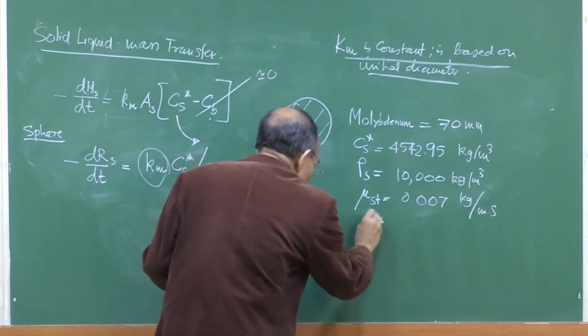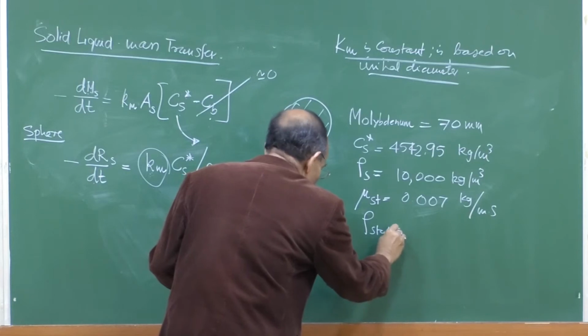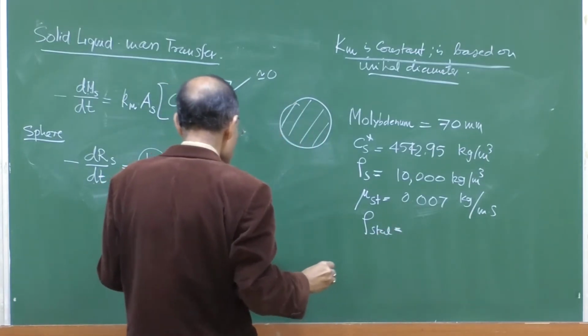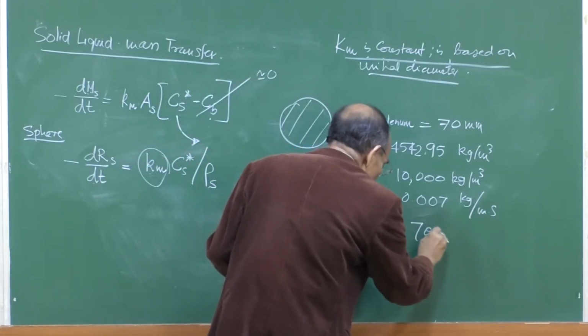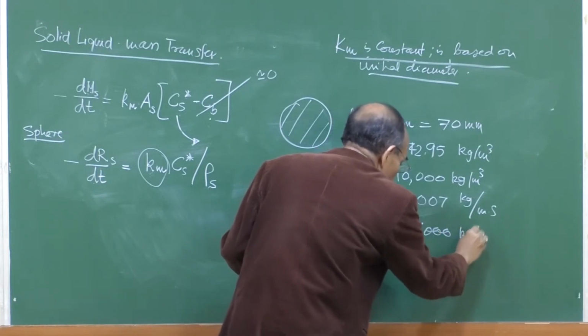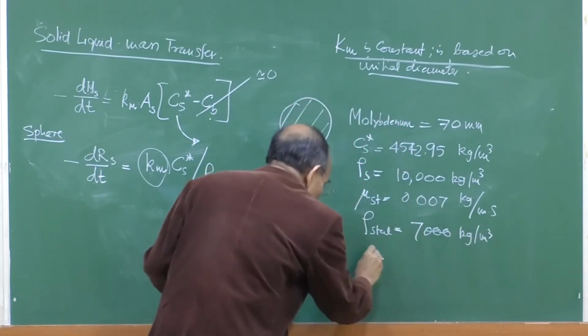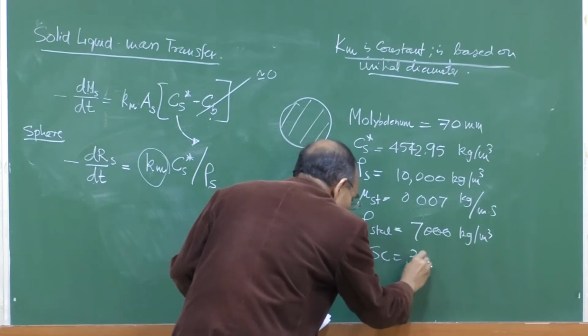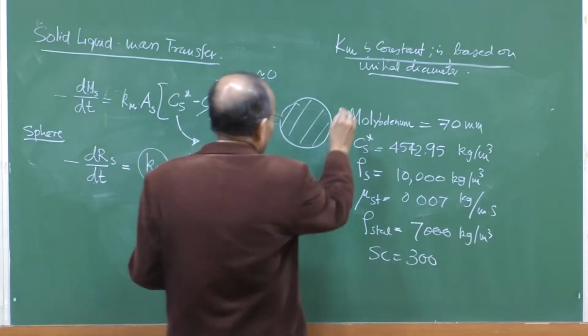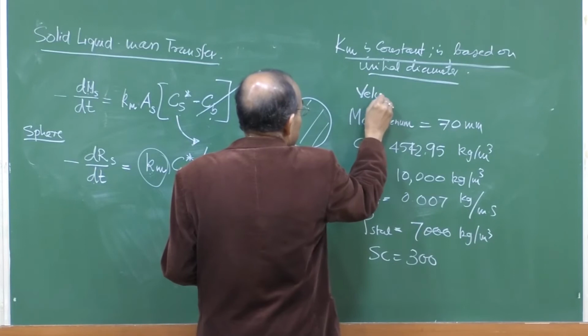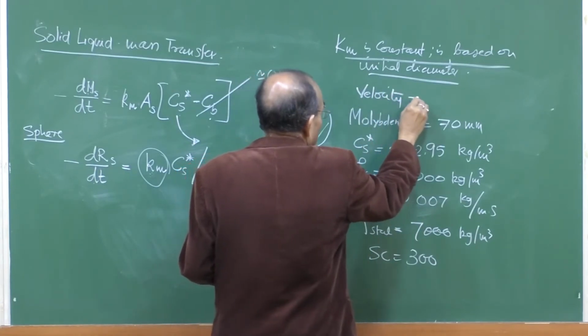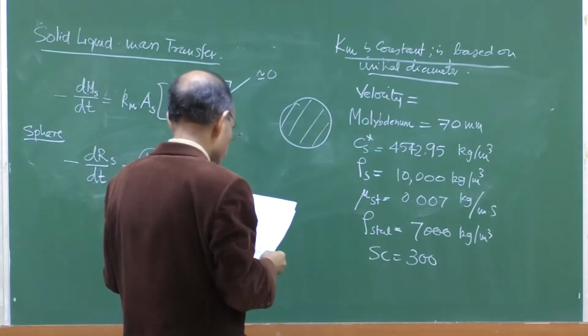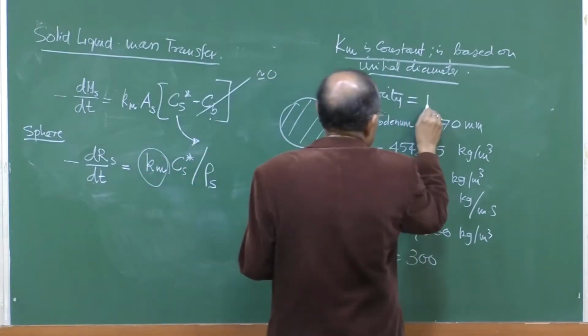Density of steel, raw steel, is given to be 7,000 kg per meter cube. Schmidt number is given to be 300. Velocity past the sphere is given to be 10 centimeter per second.